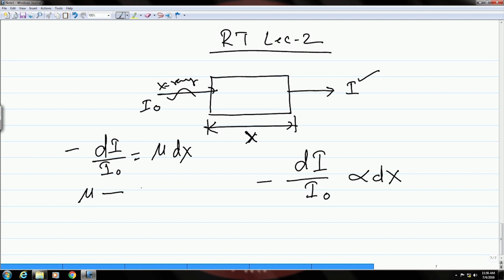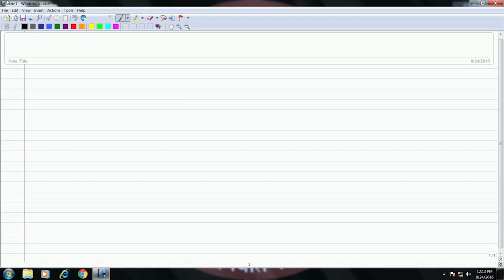Mu is known as the linear absorption coefficient, which is a material property. So, we have the fractional decrease, which is proportional to the distance travelled by the X-rays.